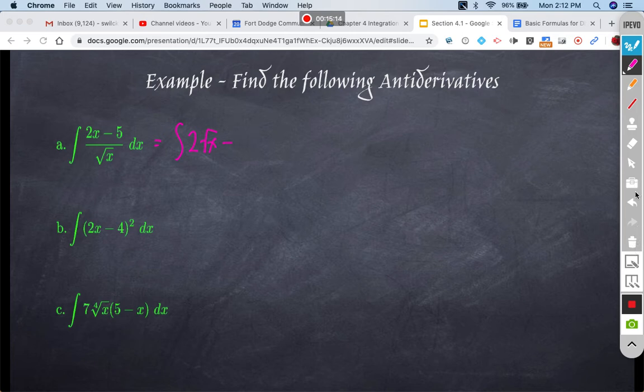Actually, while I'm at it, not negative 1/2. That's a positive 1/2. So x to the 1 divided by x to the 1/2. I'm going to put it in exponential form because that's what my formulas are. So 5x to the negative 1/2.